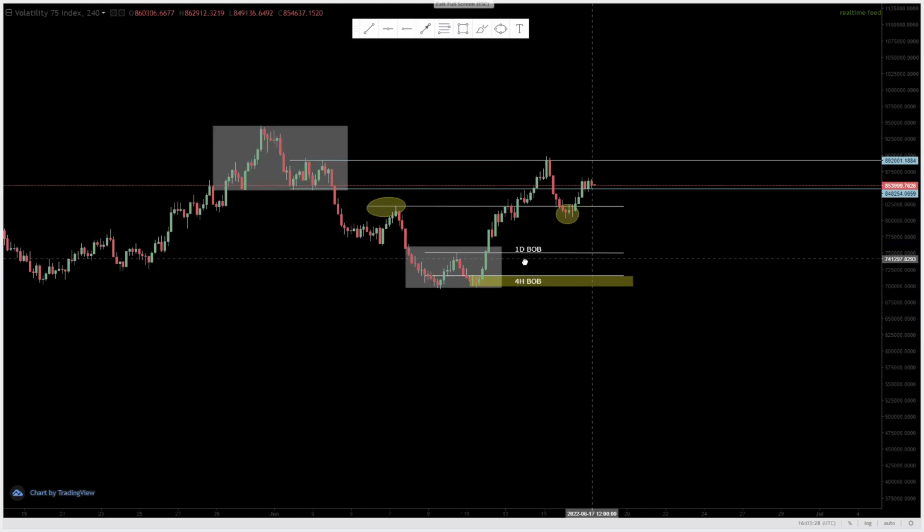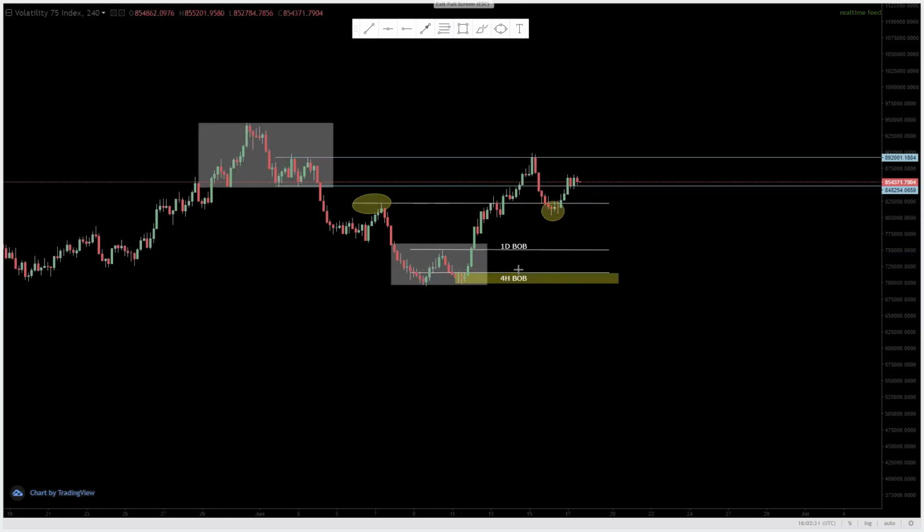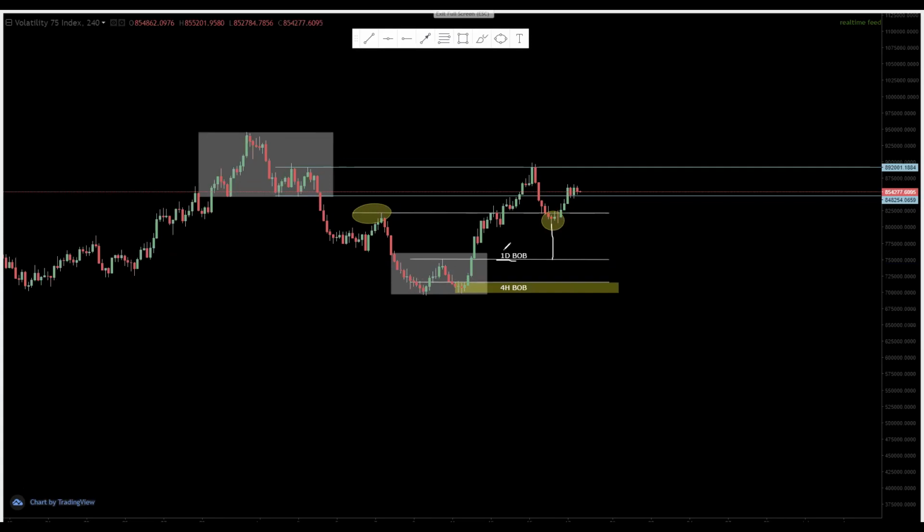Secondly, after I do this, I will know that if the market drops and reaches here, it has reached a bullish order block on a daily time frame. It has even entered. But if it enters this yellow, I will know that it has reached a 4-hour time frame bullish order block.